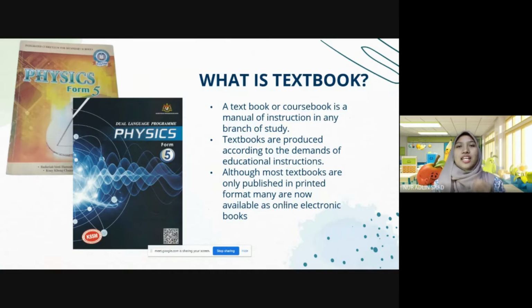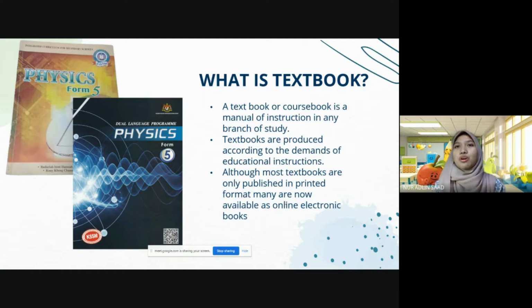First, textbook is the course book, which is the manual of instruction in any branch of study, which is we have the textbook for physics, textbook for chemistry, textbook for biology, and other textbooks. That is what is meant by manual of instruction in a branch of study.